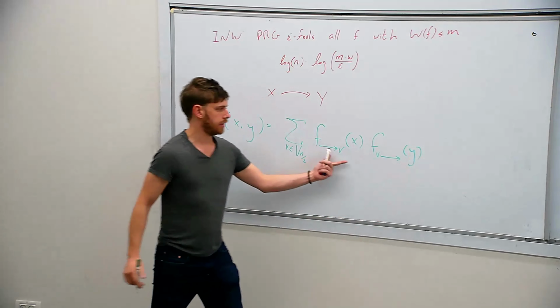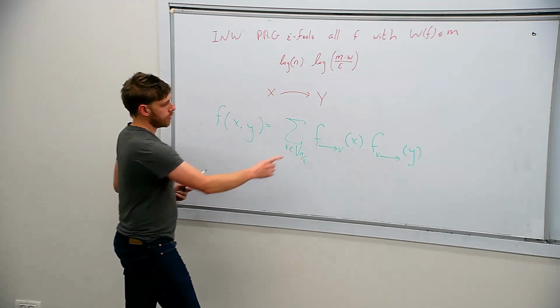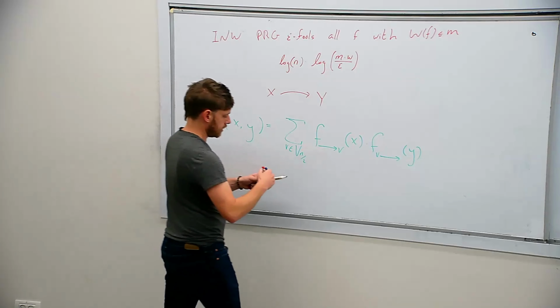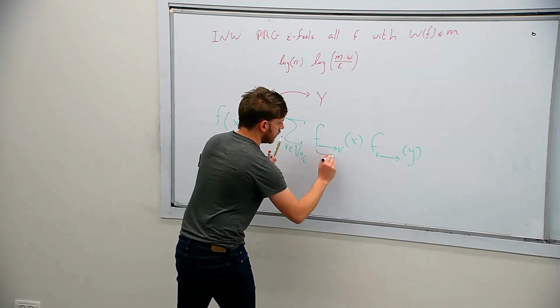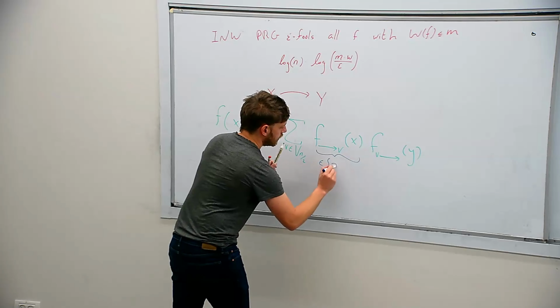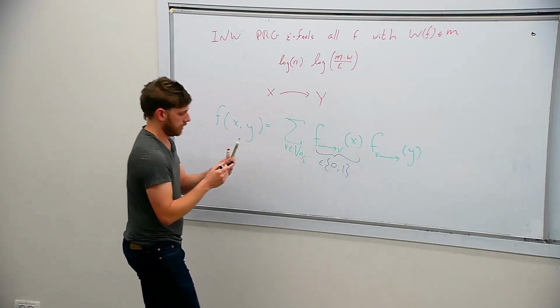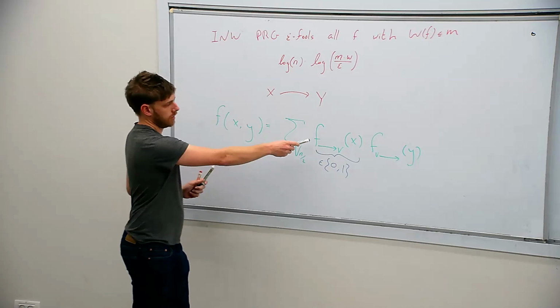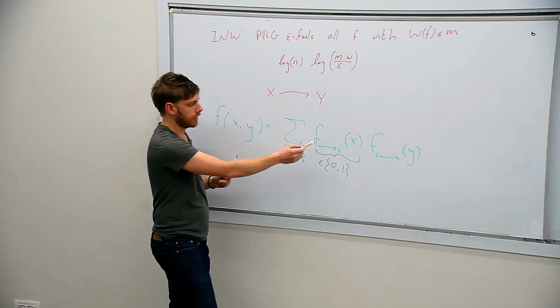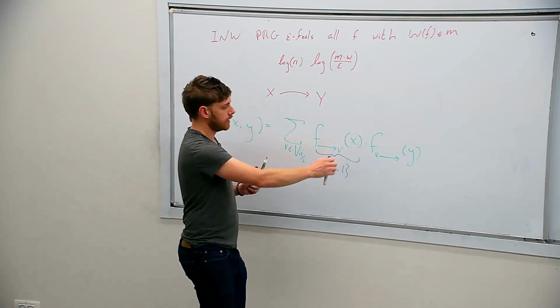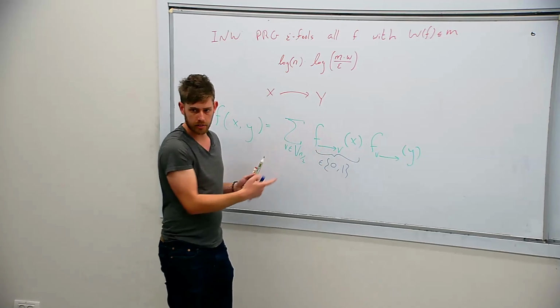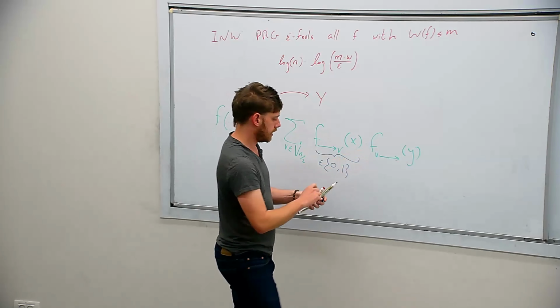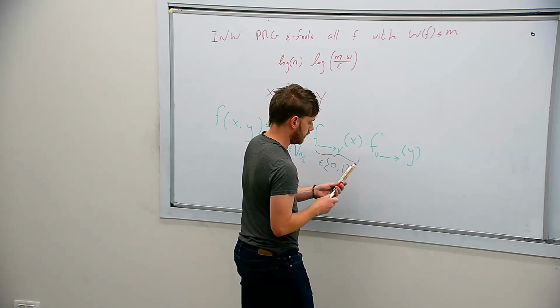Now let me explain these terms. So this is always 0, 1, and it means I start at the starting vertex of F, I follow x, and if I reach v, this gives 1, and this one is the half.